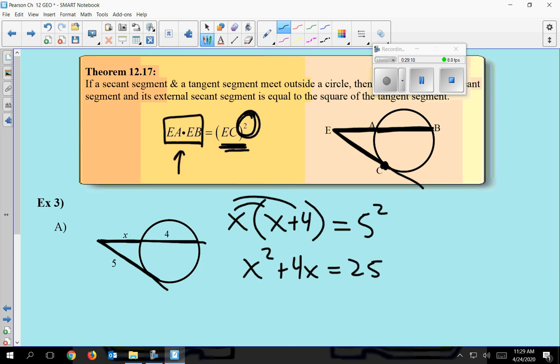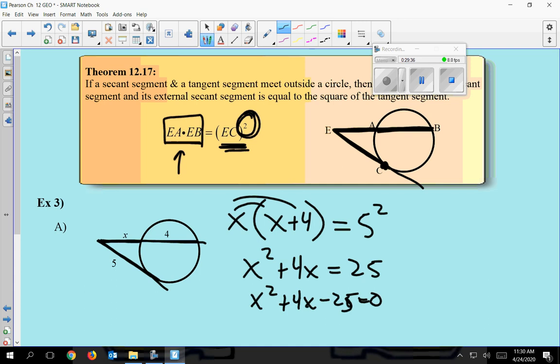Okay, so now I'm looking at that and I go, what do I do with this? Well, it's some algebra here, and it looks like I'm going to have to get everything over to the left, so I'm going to subtract 25. I think I have to factor that, but I'm just going to tell you right now, you can't factor this.